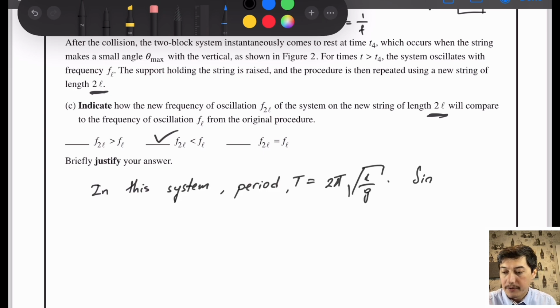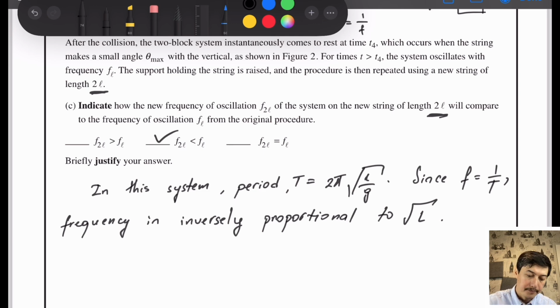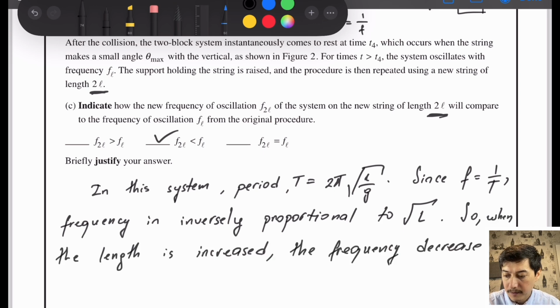Since frequency is 1 over period, frequency is inversely proportional to the square root of L. As a result, we can say that when the length is increased, the frequency is going to be smaller. All right, this is the end of the first question.